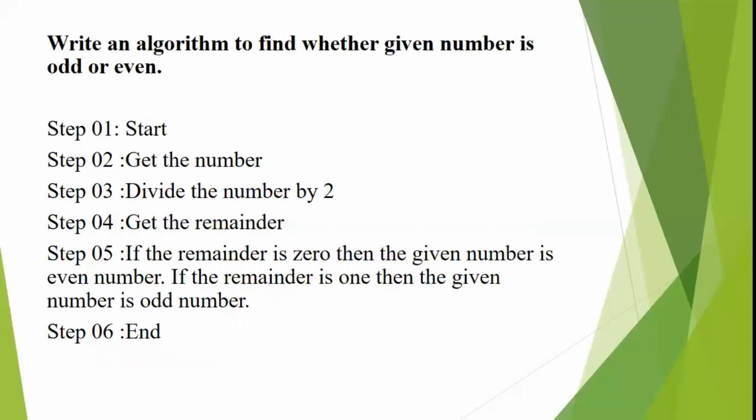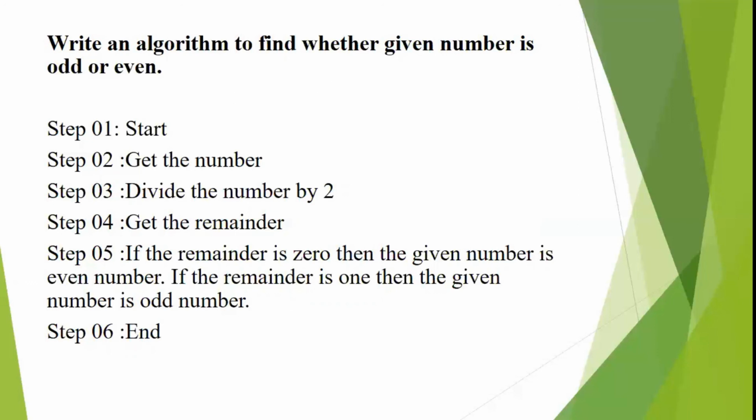That is remainder. So if you get the remainder as 0, that means the number is an even number. If you take a big number, 100. So 100, you divide by 2, the answer is 50, but do we have any remainder? No. So remainder is 0. So that means our number is an even number.